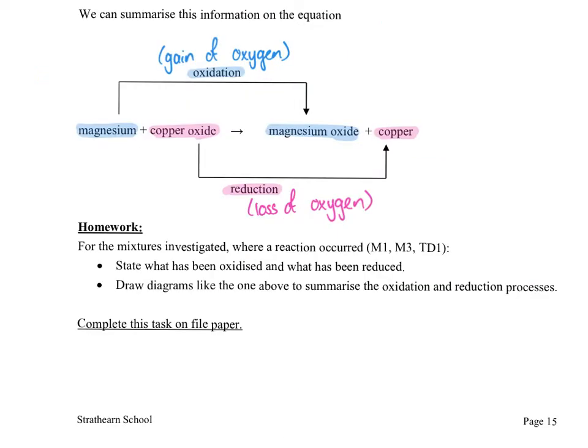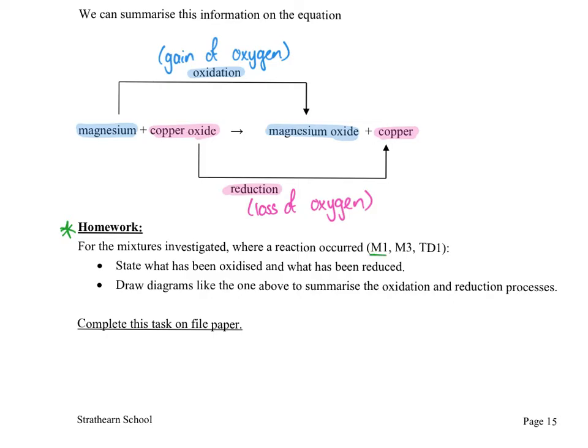What we'd like you to do now is to complete this homework task before moving on with the rest of the lesson. So this is just part of your classwork for today. What we want you to do is to go back to the mixtures that we investigated last week where a reaction occurred, not the ones where a reaction didn't occur because the metal we added was less reactive.